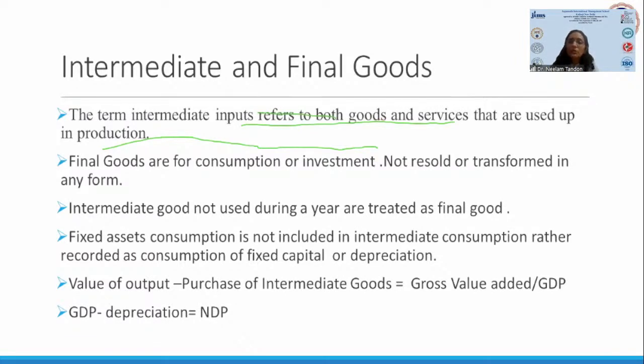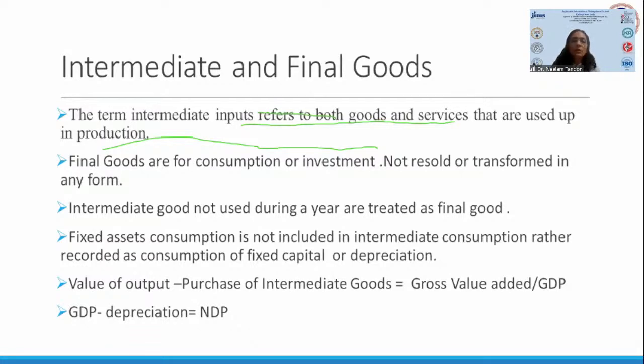But intermediate goods can be resold, can be transformed, like we shared from wheat to flour to bread. It can have different components, multigrain bread and so on. So you can transform it from wheat to multigrain bread. That is about intermediate good. But final good is multigrain bread, which is available in the market for consumption.